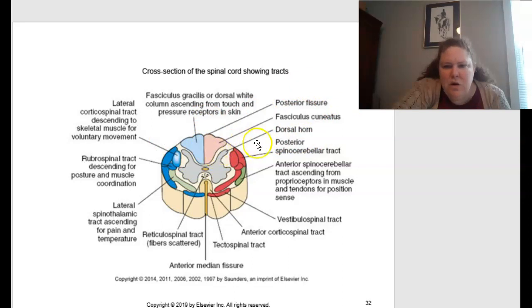You have your dorsal horn, you have your posterior spinocerebellar tract, you have your anterior spinocerebellar tract, and this is going to ascend from the proprioceptors in the muscle and tendons for position and sense. You have your vestibulospinal tract, your anterior corticospinal tract, your tectospinal tract, etc. Okay, so this is a great little cross section of the spinal cord and showing you how important it is in all of the different areas that it's going to help encompass and control.